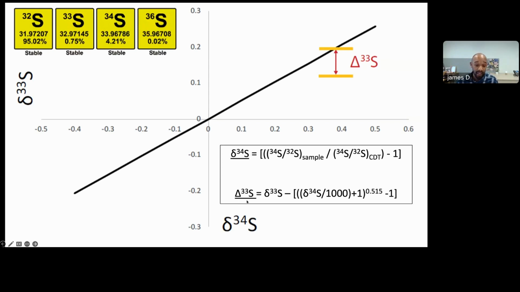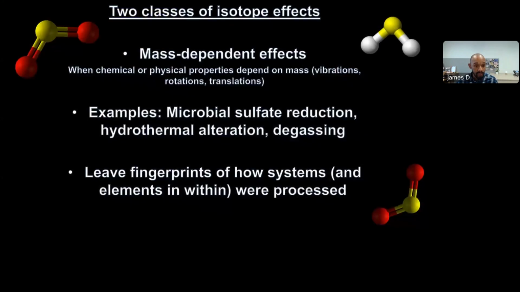Now, when I use the term mass-dependent fractionations or effects, I'm referring to fractionations that occur when the chemical or physical properties of that fractionation depend on the mass of the molecules involved. So these are properties such as the vibrations, rotations, and translations of molecules.